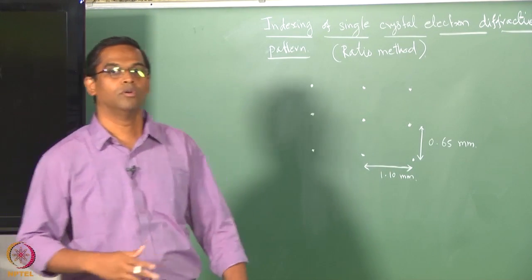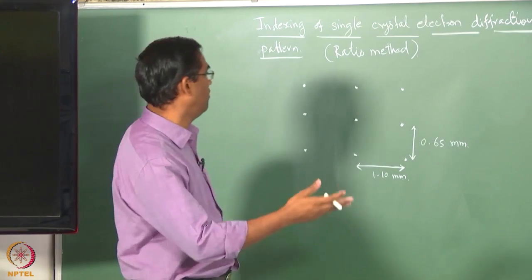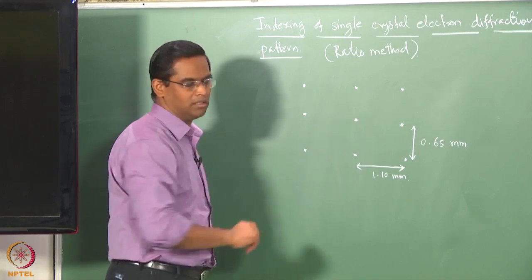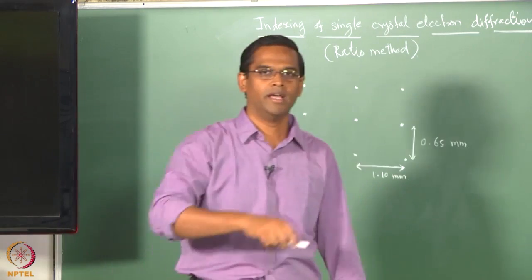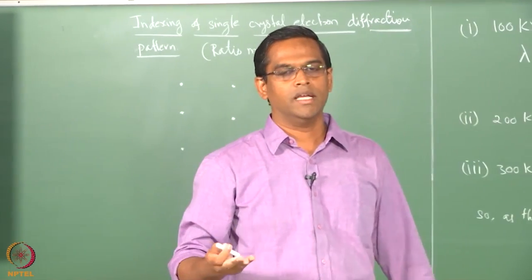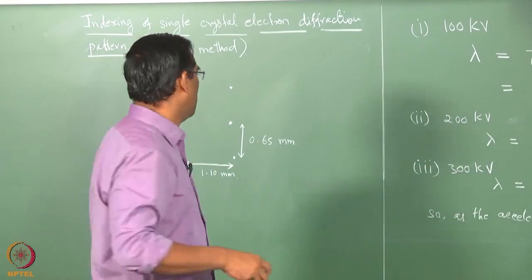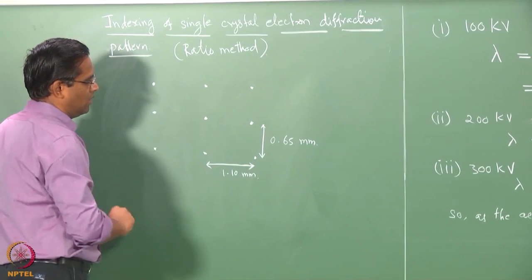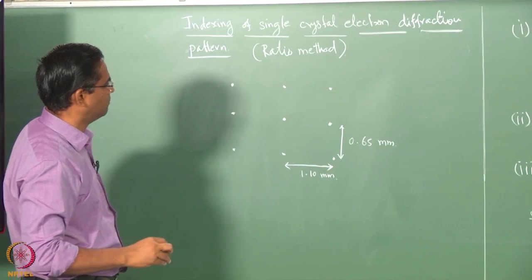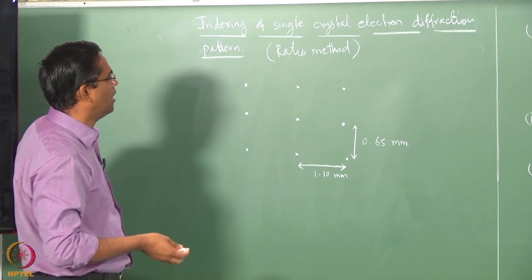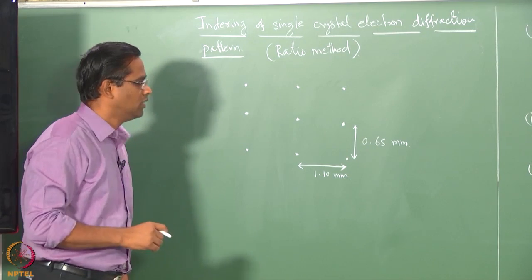For example, if you do not know the symmetry, for example, at least I can identify this is a rectangular pattern or a square pattern or a hexagonal pattern and so on. If you are not able to recognize the pattern, this method is used.